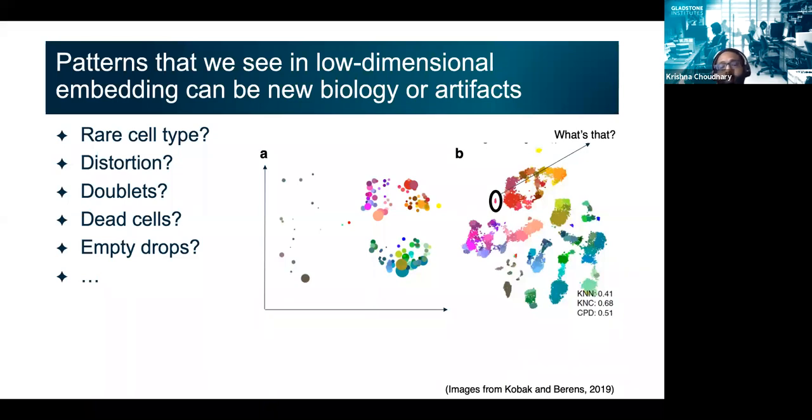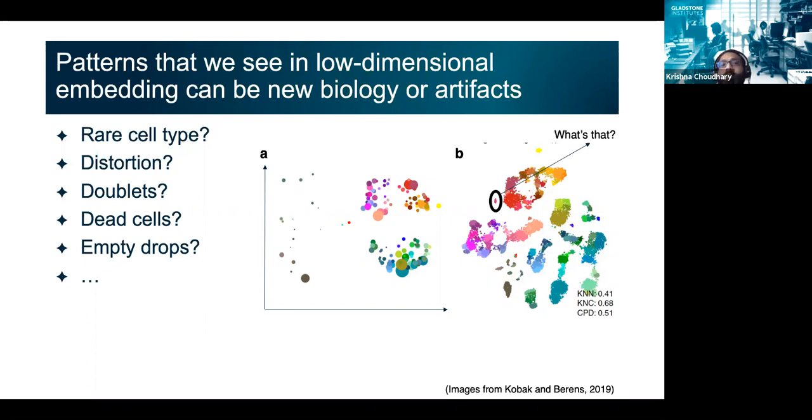The bottom line is, when you see things located here and there, random populations, then you can ask, what is this? Is this a manifestation of the optimization algorithm not giving you a good final result, or are these rare cell types, or distortion, or doublets, or dead cells, or empty drops? What are they?